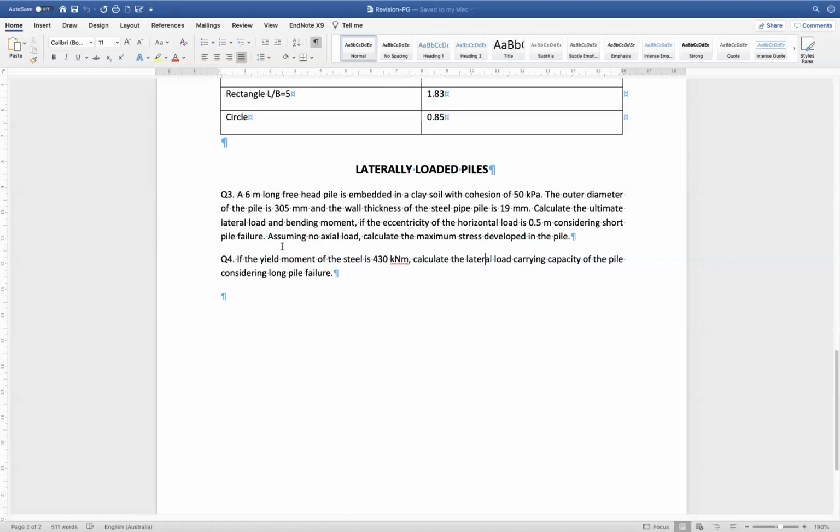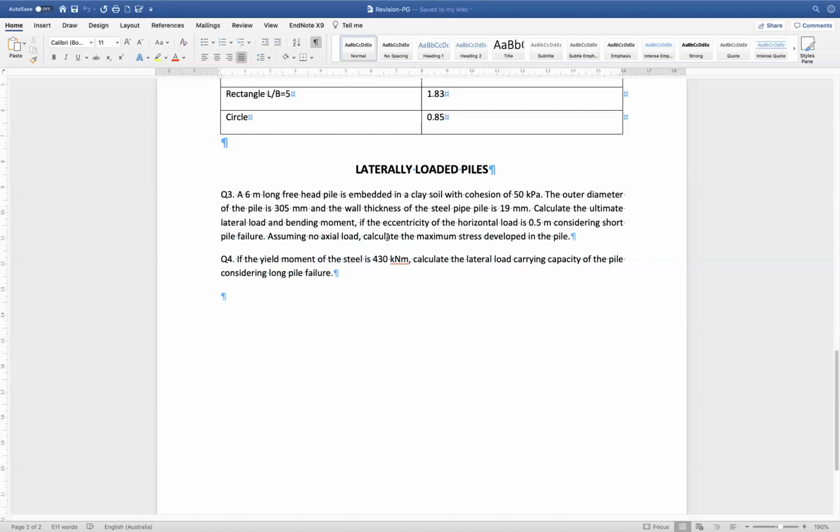We need to calculate the ultimate lateral load and the ultimate bending moments, or the maximum bending moments, in the system. We have been given the eccentricity as 0.5 for the horizontal load. We need to consider the short pile failure scenario. So here we have a free-head pile that's embedded in cohesive soil, and considering the short pile failure scenario, we need to assume no axial load.